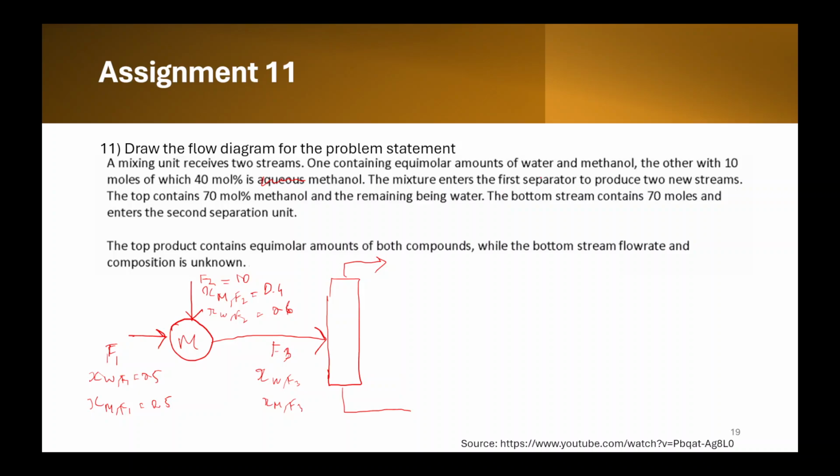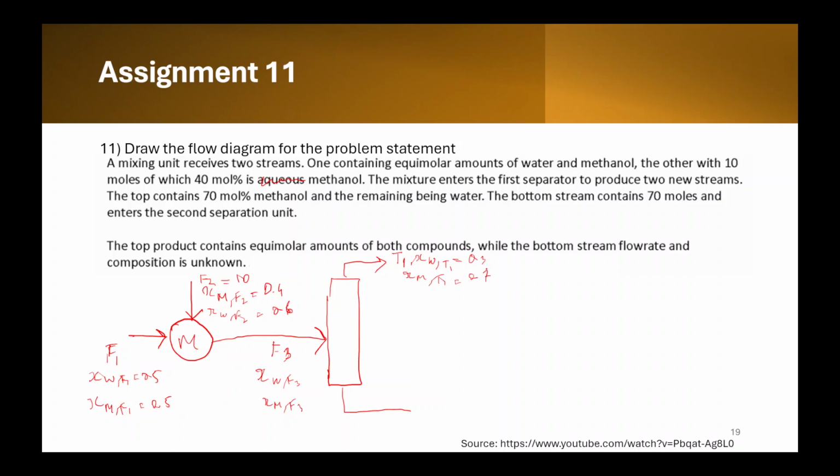The mixture enters the first separator to produce 2 new streams. Okay, so these are 2 new streams. The top contains 70 mole percent methanol and the remaining is water. So you can write this new stream as T1, and it has XW,T1, which is 30, oh sorry, not 30, you can write it as 0.3, and XM,T1, which is 0.7.